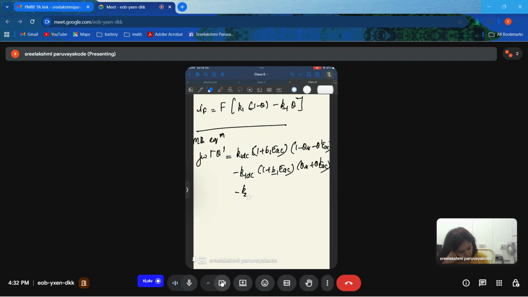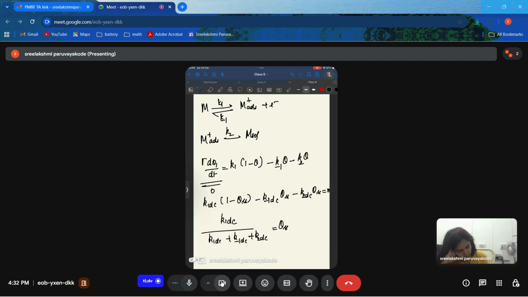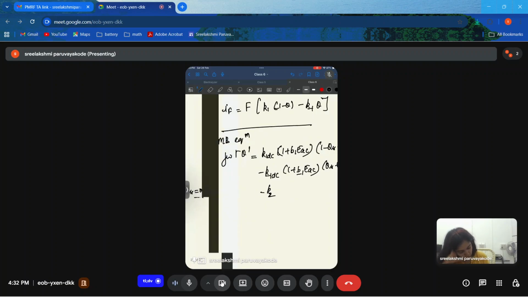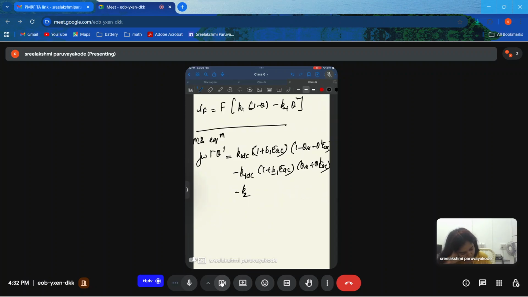So that is not dependent on potential because it's a chemical step. It is only K2, theta ss plus theta dash E_AC. Now let me rewrite it.